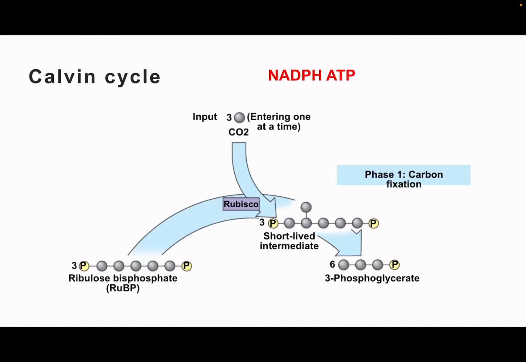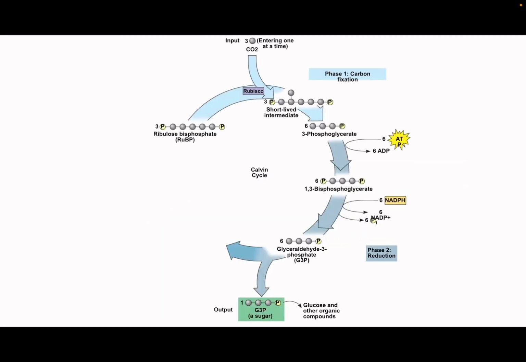The cycle consists of 3 steps, the first of which is carbon fixation. In this step, carbon dioxide is attached to RuBP in a 6-carbon molecule that splits into 2 3-carbon molecules. The second step is a sequence of reactions using electrons from NADPH and some of the ATP to reduce carbon dioxide.